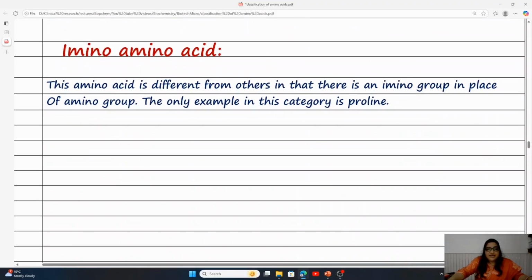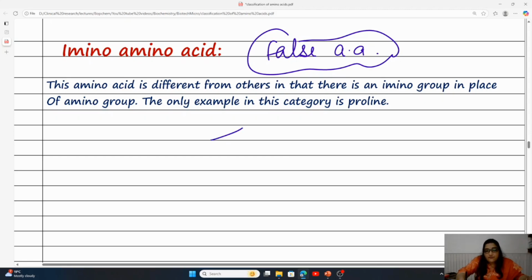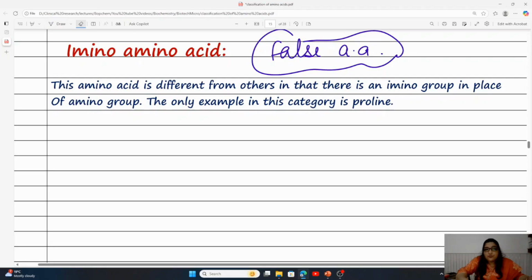Okay. So now there is an amino acid which is known as a false amino acid. Why is it a false amino acid? Because instead of an amino group, this contains the imino group. Okay. Let us see the structure.